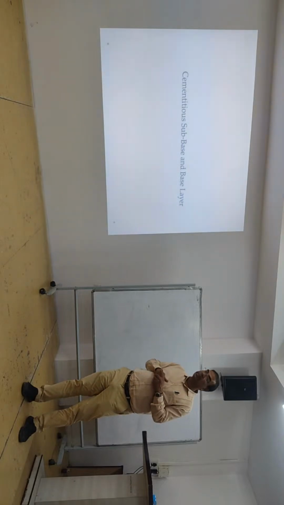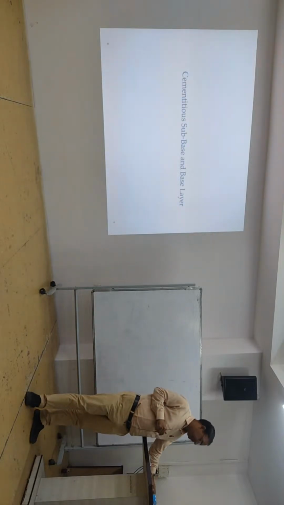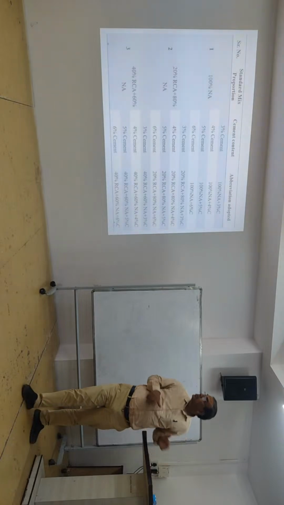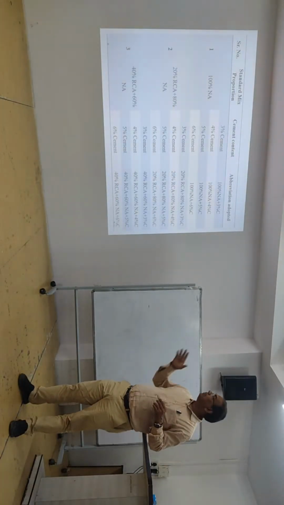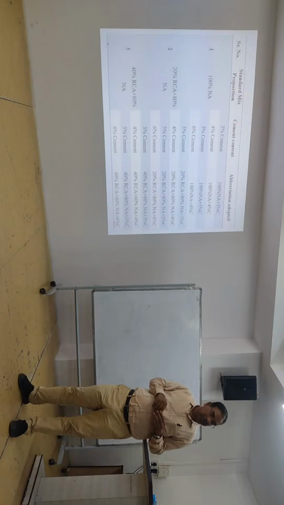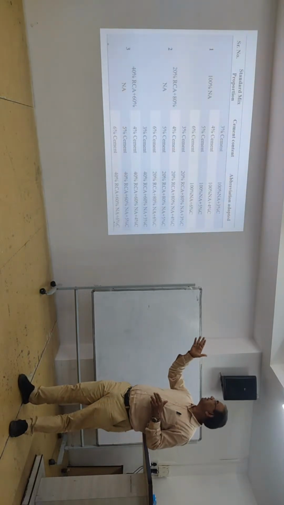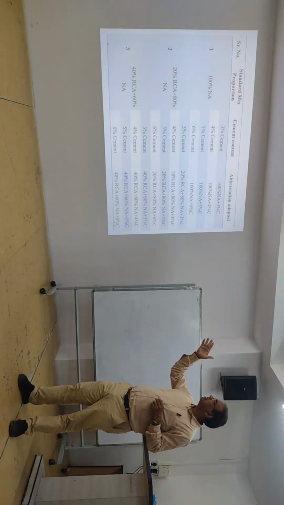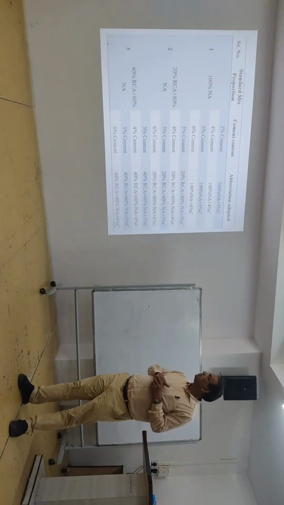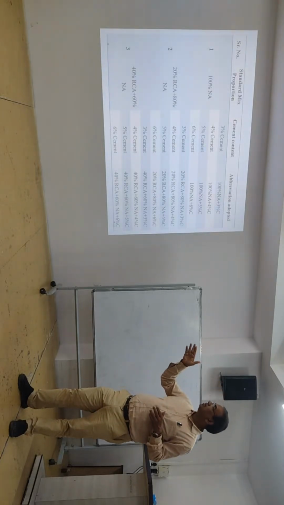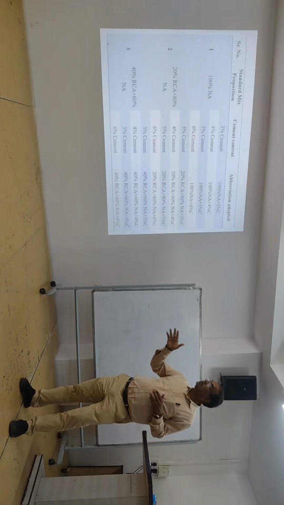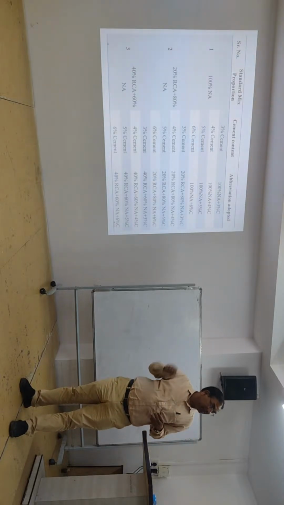Next we are going for the sub-base and base layer. These are different combinations we have, with different recycled aggregate and different cements. The cement content is 3%, 4%, 5%, 6%. Then 20% RCA and 80% natural aggregate, where NA means natural aggregate.